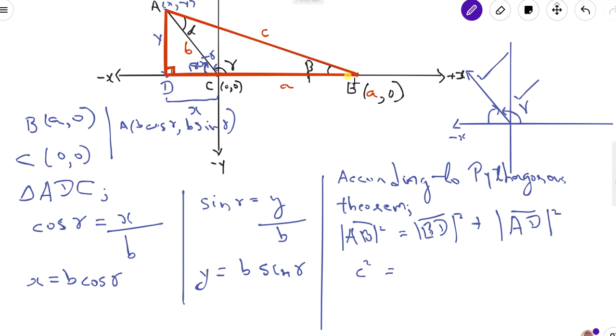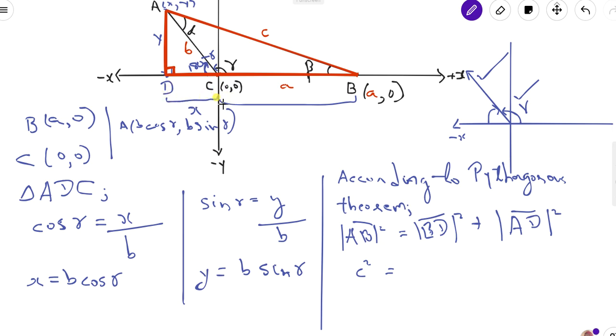BD is exactly equal to this length A plus this length X, and X was equal to your B cos theta, if you just see. And you see this is lying on the negative x-axis, so this value is negative here.